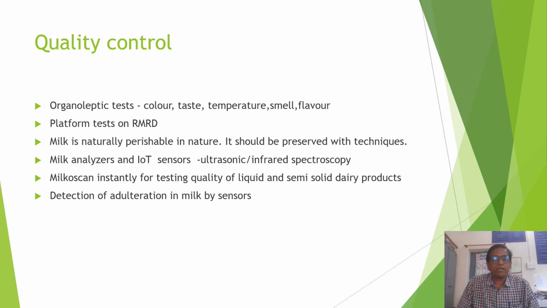Detection of adulteration in milk is also a very serious problem nowadays, but by using various types of sensors, we can detect adulterated water, starch, sugar, urea or neutralizer, and other constituents which are externally added in milk, which deteriorate the quality of milk. So it can be detected by using such sensors.